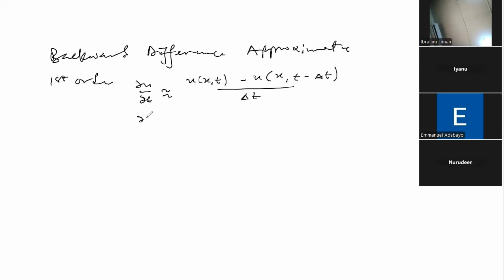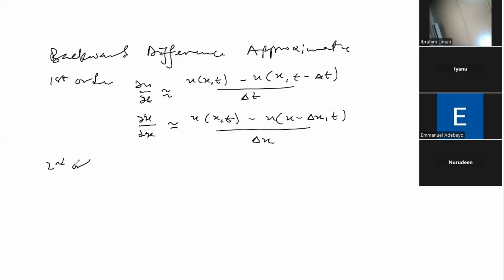And we have du/dx is approximately u(x,t) minus u(x minus dx, t), over dx. Now, what if it's second order?